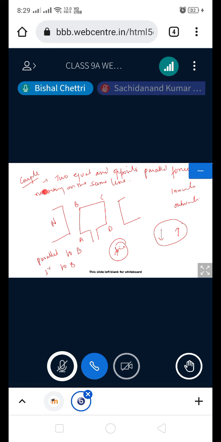What is the only difference between force and couple? Whenever we consider one force, we say it is force. But when we consider two equal and opposite parallel forces, we call it a couple. The force is maximum when the plane of the coil is parallel to the magnetic field, so the couple will also be maximum when the plane of the coil is parallel to the magnetic field.